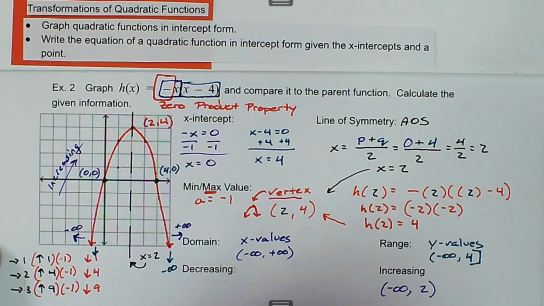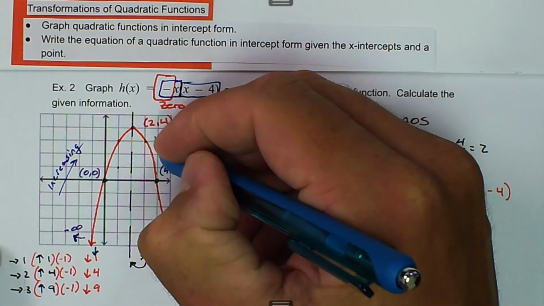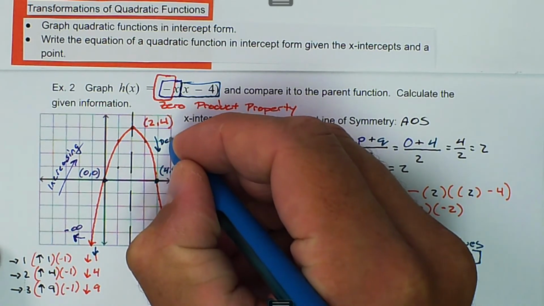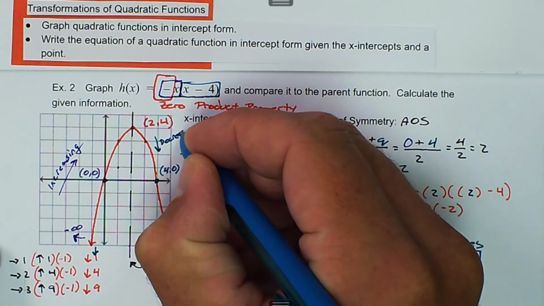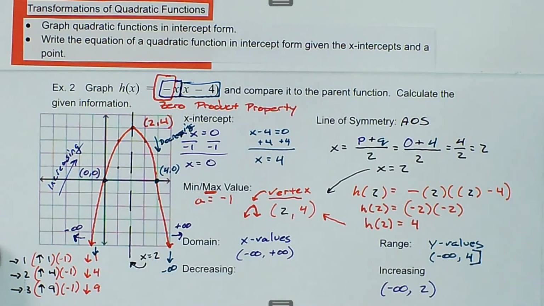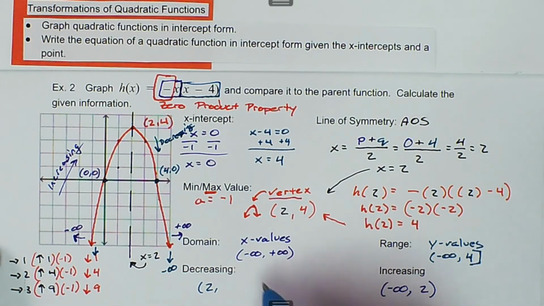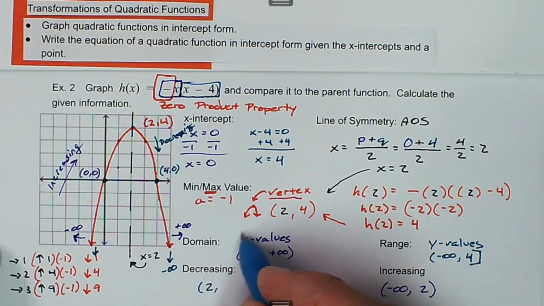Once we get to the vertex, it goes from increasing to decreasing. Now we're decreasing. And we start at 2, not included, and we go all the way to positive infinity.